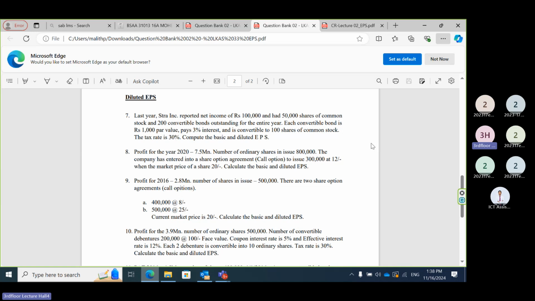We are not going to distribute it as dividend. What we are going to do is give shares to them. Free shares to shareholders. What's the double entry? Debit retained earnings, credit share capital. Equity brought forward. There's no cash inflow through a bonus issue.